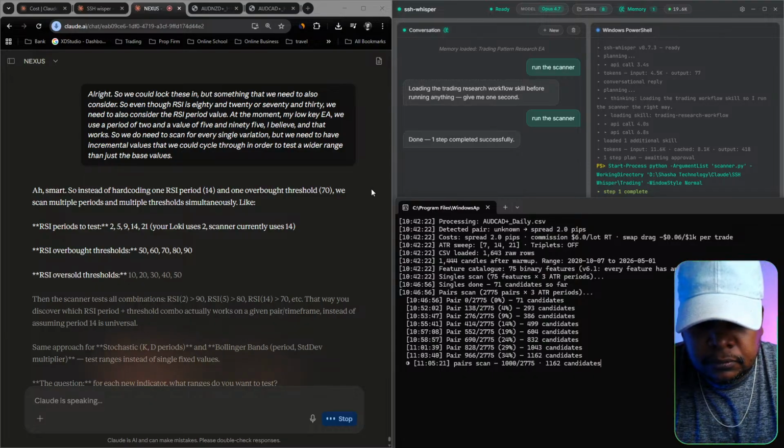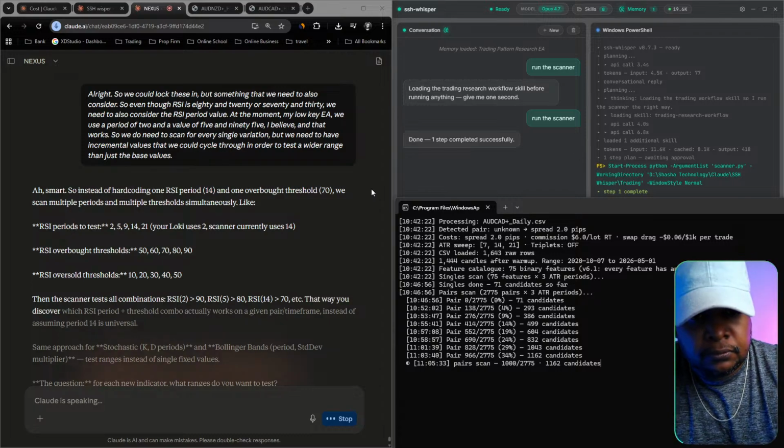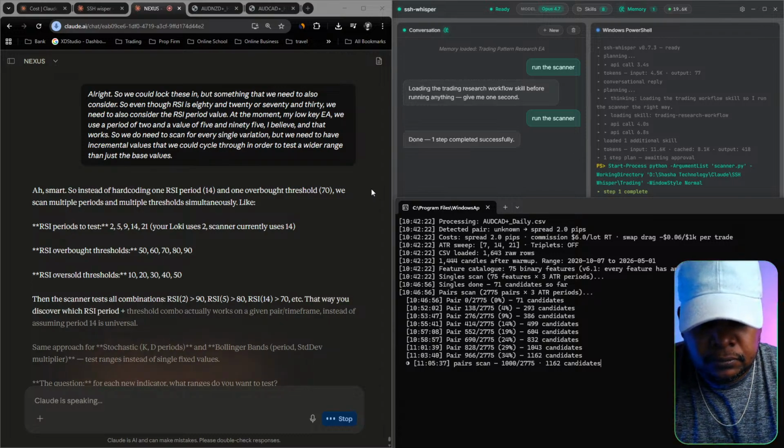RSI oversold thresholds 10, 20, 30, 40, 50. Then the scanner tests all combinations: RSI 2 with 90, RSI 5 with 80, RSI 14 with 70, etc. That way you discover which RSI period plus threshold combo actually works on a given pair and time frame, instead of assuming period 14 is universal.